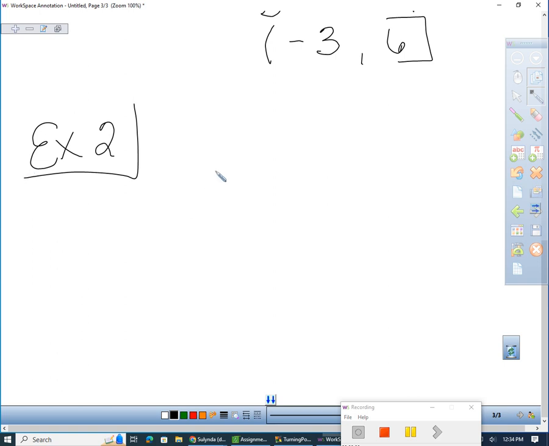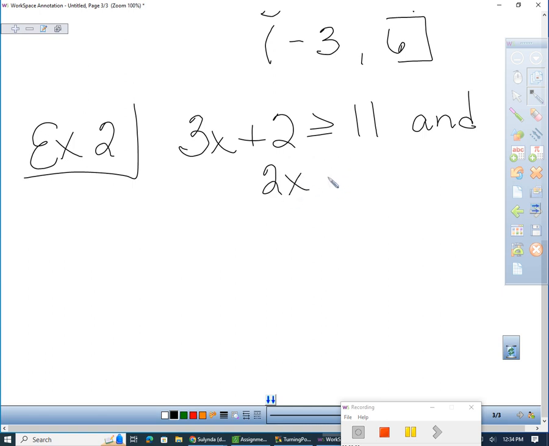Let's say I have 3x plus 2 is greater than or equal to 11, and 2x plus 1 is less than 31.